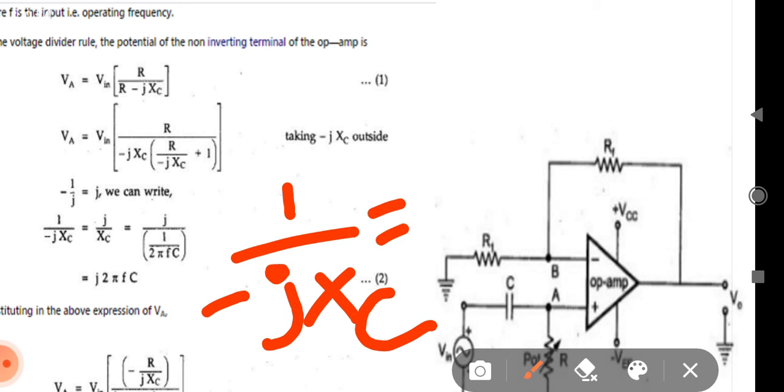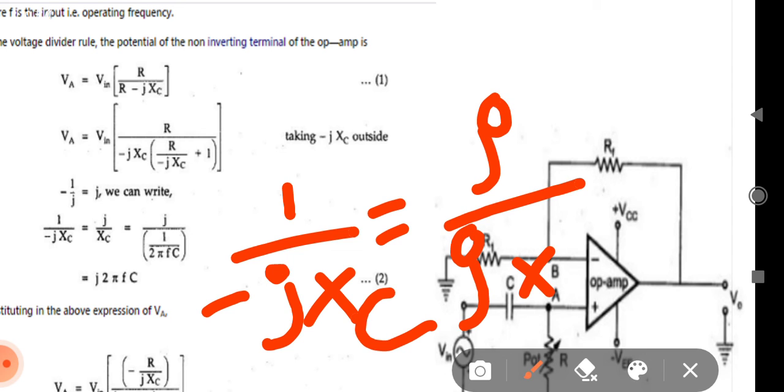Both the sides, numerator and the denominator, J is taken into minus JXC.